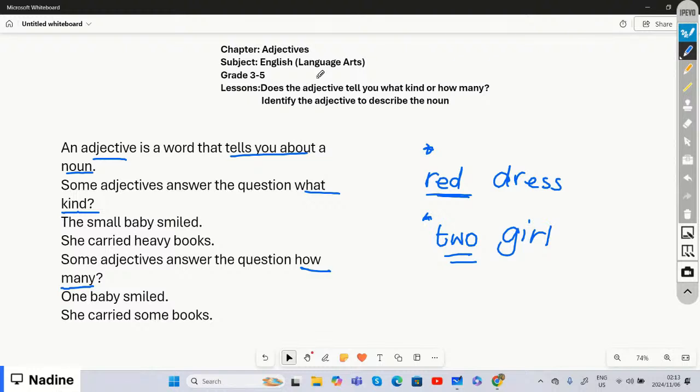We said that dress, for example, is our noun. If you were to describe a dress, how would you describe it? Other than red, how would you describe the dress? Somebody is given a noun, and you need to use words to describe it.